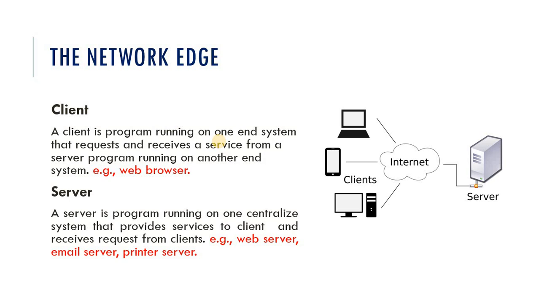A server is a centralized system connected through the network, and all clients can reach that server via the network. The client requests something, the server processes that request and replies to the client. That is called the client-server relationship. The client is our web browser and the server is a centralized server or centralized database. So those are the terms client and server.